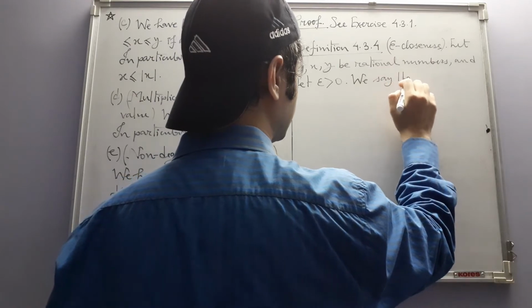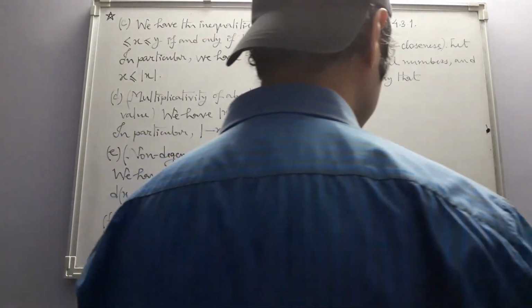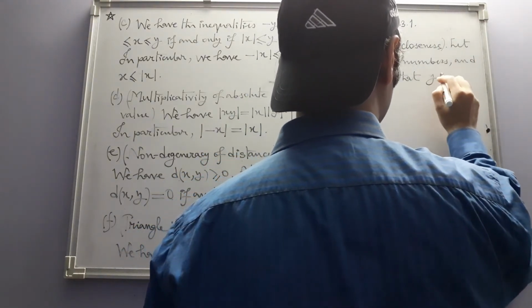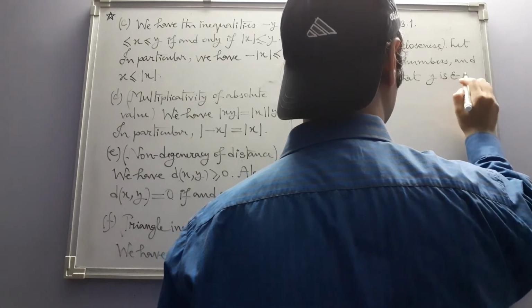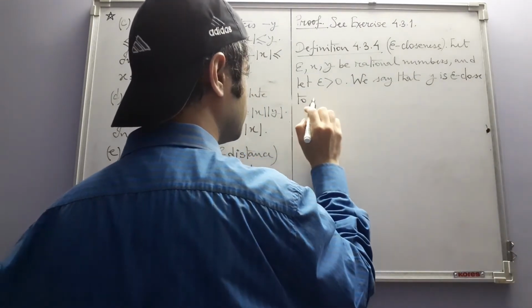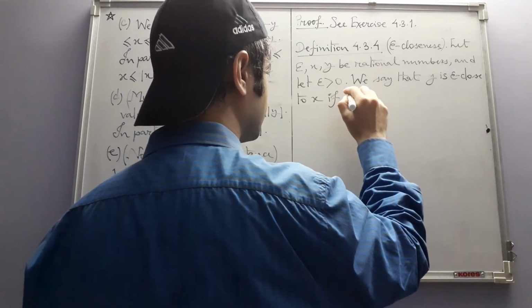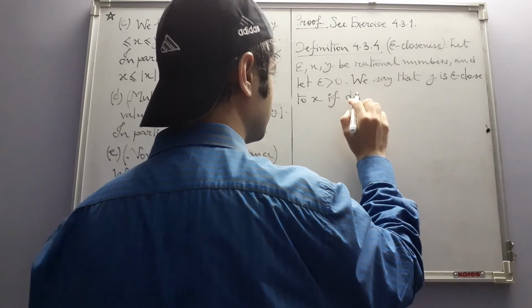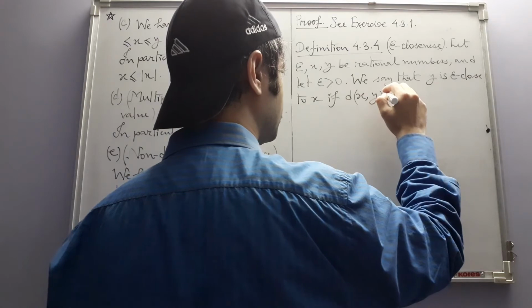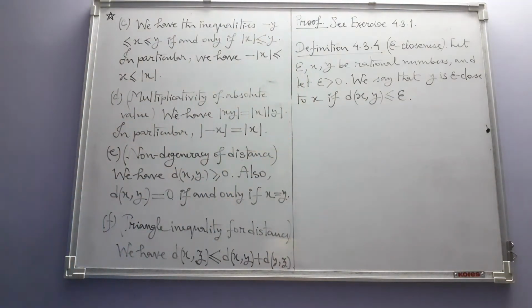We say that x is epsilon close to y, or y is epsilon close to x, if this distance is less than or equal to epsilon.